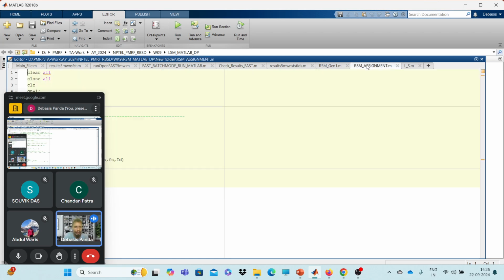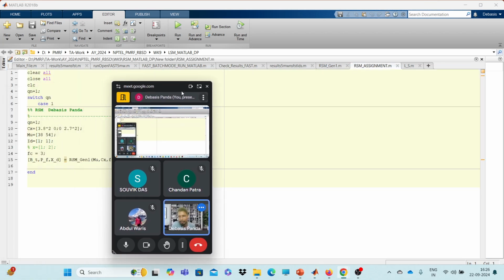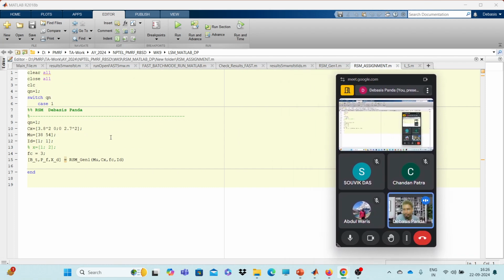So let's say we are yet to solve this problem, and we are solving it now. Here the cx value and mu value you need to provide. What was the mean value for this problem?